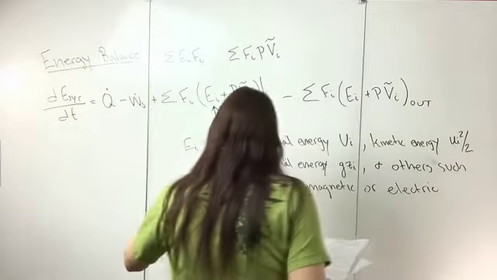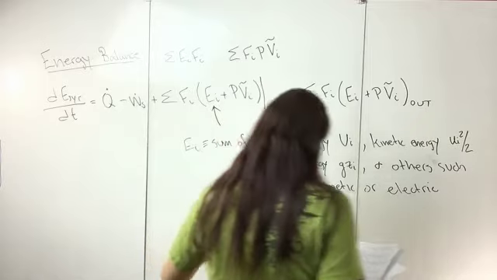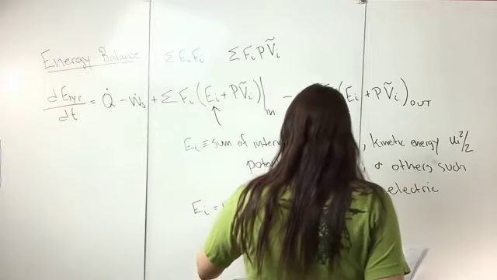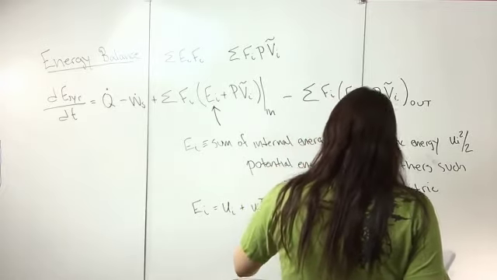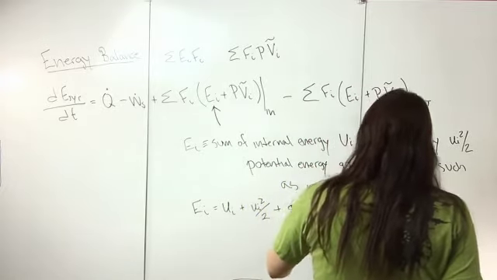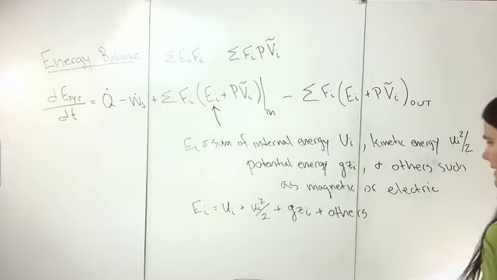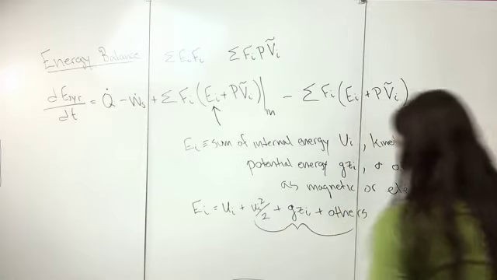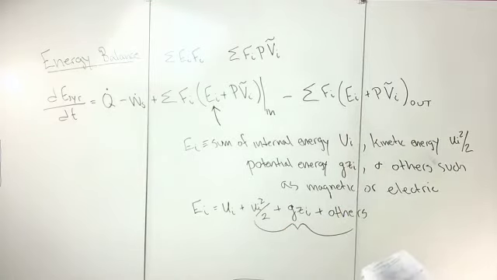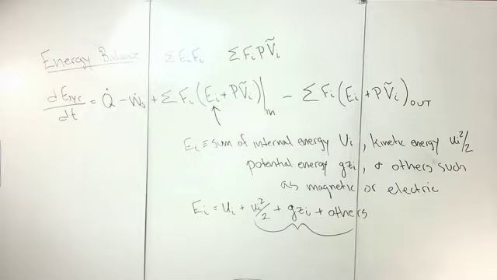So if we rewrite that, Ei is equal to Ui plus ui squared over 2 plus g zi plus others. And so in chemical reactors, and this is one of those assumptions that I'm talking about, where if this doesn't apply to your particular reactor, then you need to go back and account for this.